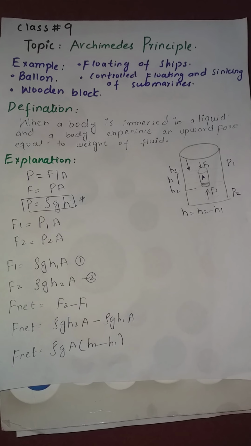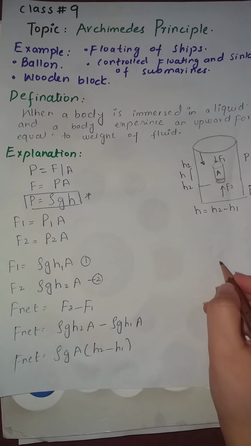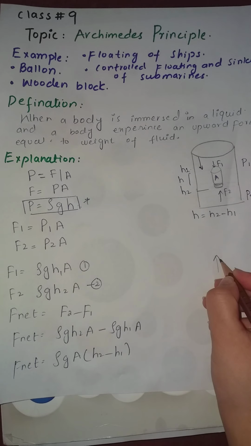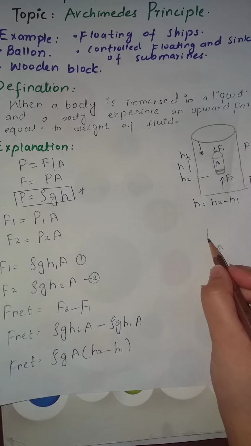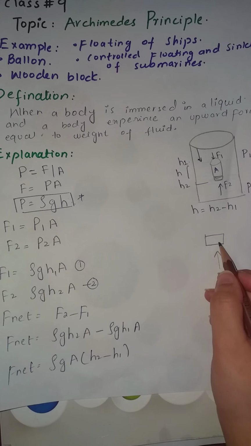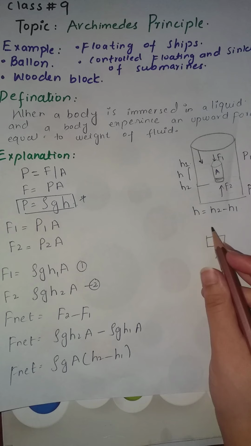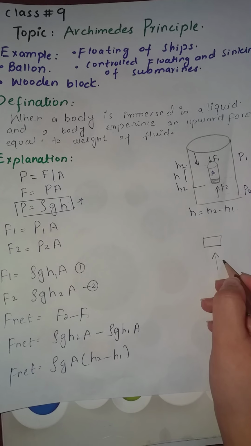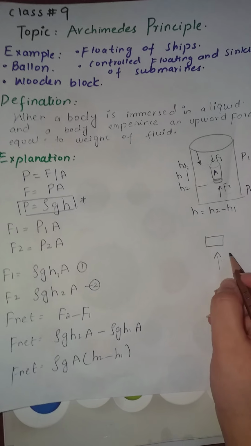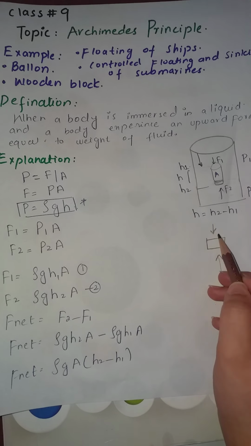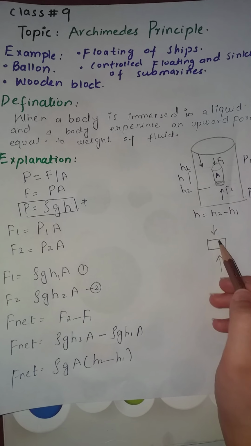Buoyancy is the force that is applied by the water to the object, so that the object or the body will move in upward direction. This force is known as buoyant force, buoyancy or upthrust force. An object puts some force in downward direction, that is the weight of the body.